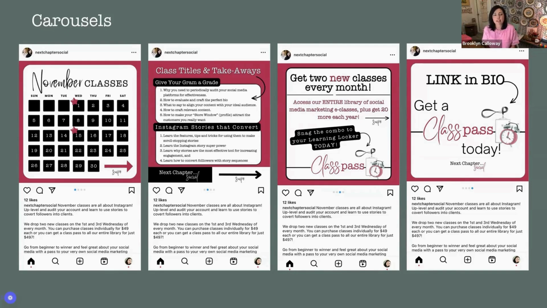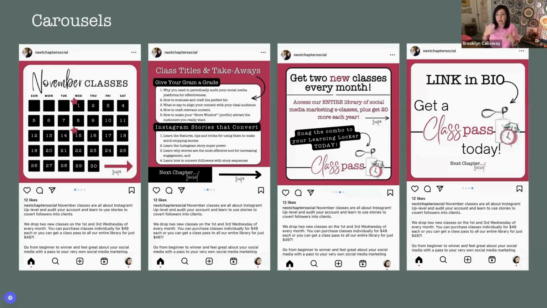November classes came out on Wednesday the 1st and Wednesday the 15th. So we put little stars. And then we went to the class titles and the takeaways for those classes for the month. We just gave them a bulleted list or a numbered list, and then the information: you get 2 new classes every month. You can access our entire library of social media marketing classes.